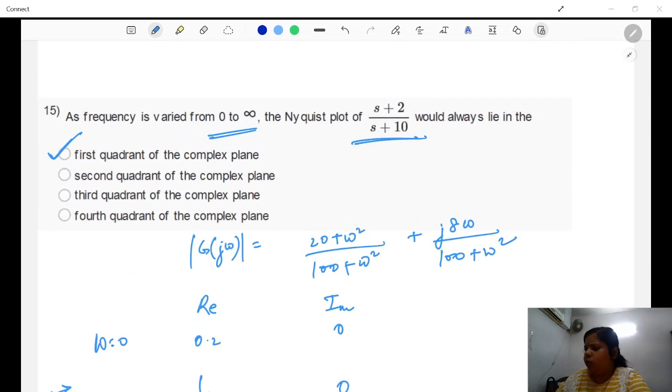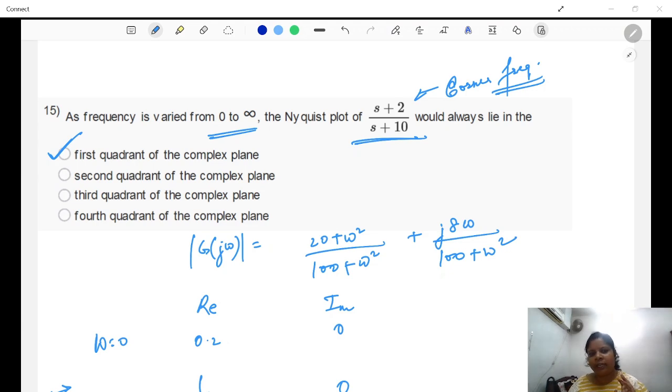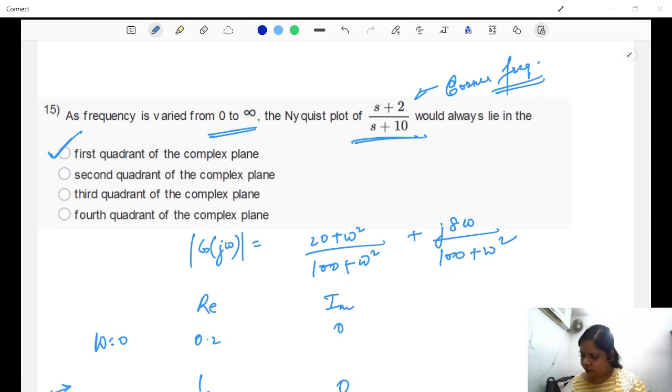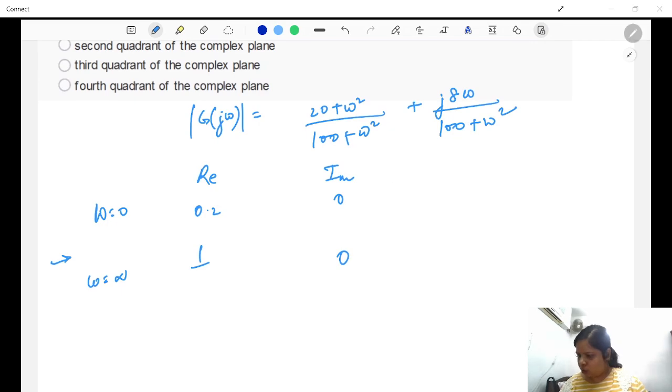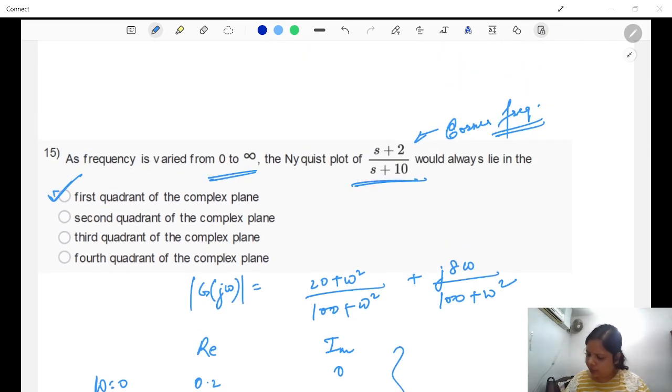For this, you can always try to plot at the corner frequency. When you plot at the corner frequency, you'll see whether the value is positive or negative. Just the sign of the imaginary part would also give you a hint if it is in the first quadrant or fourth quadrant. Yeah, it is the first quadrant.